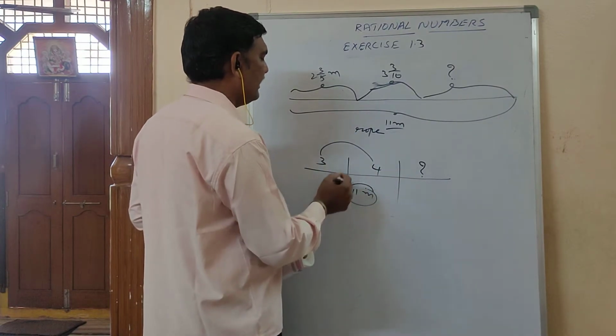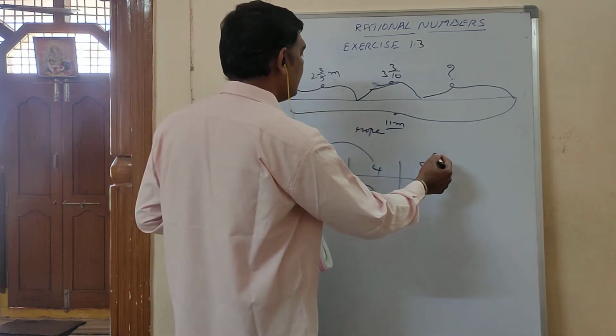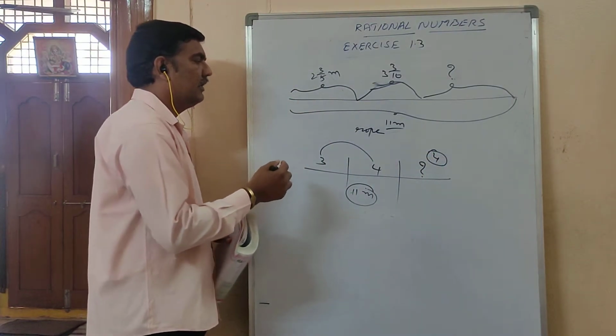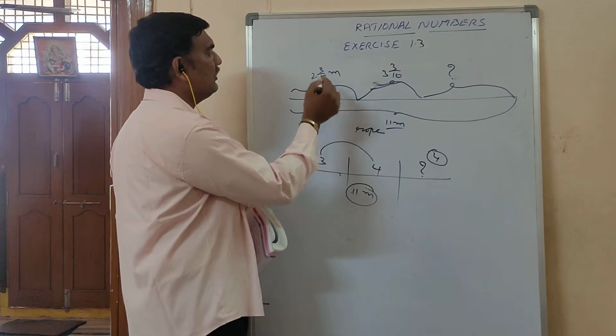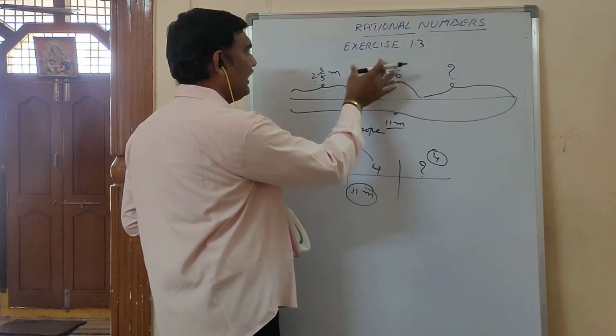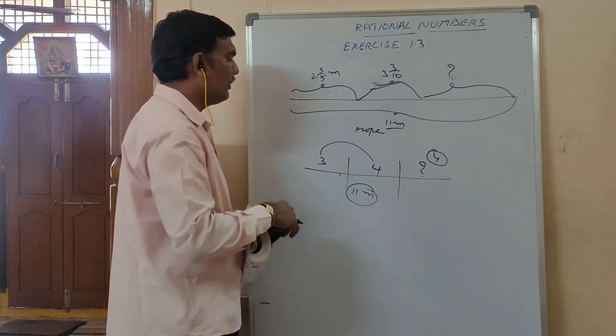Means 11 minus 7. 11 minus 7 is 4. So 4 meters of rope remains. Here also you should do the same: add these two and subtract that sum from the total length of the rope.